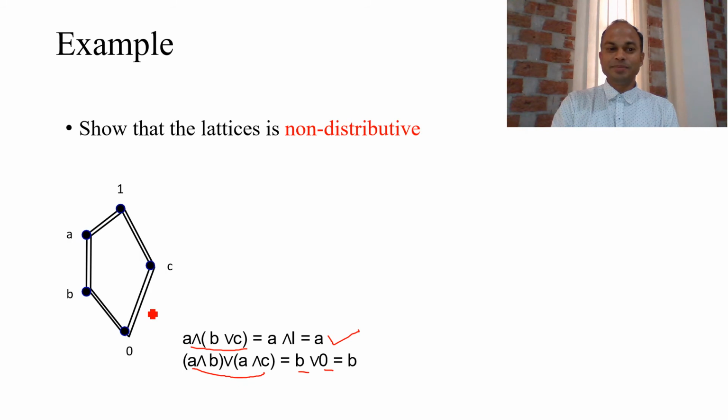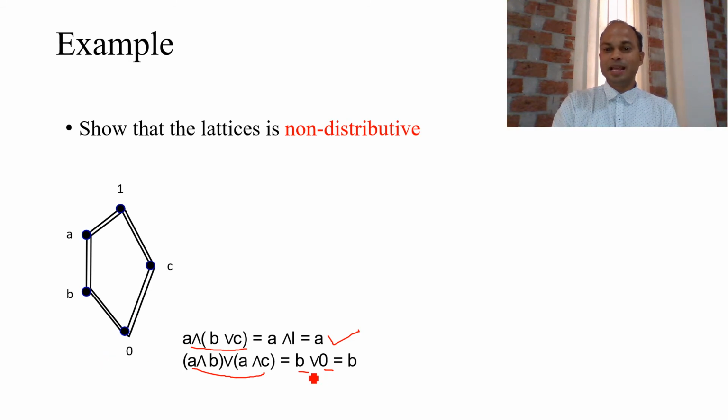A intersection B: A is here and B is here, then the greatest lower bound of A and B is B only. Similarly, we have A intersection C, this is A, this is C. The greatest lower bound of A and C is 0. So we have computed it.